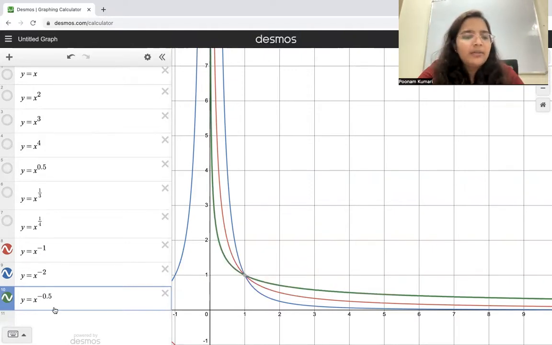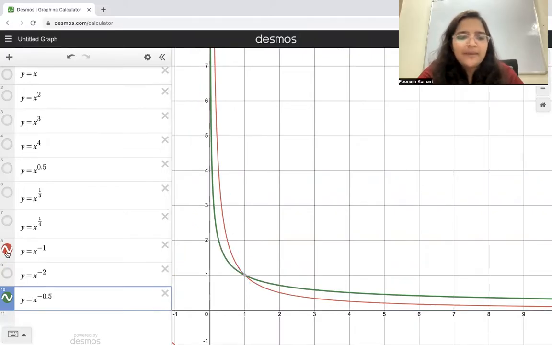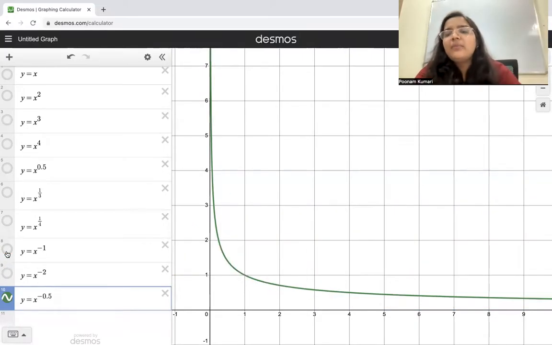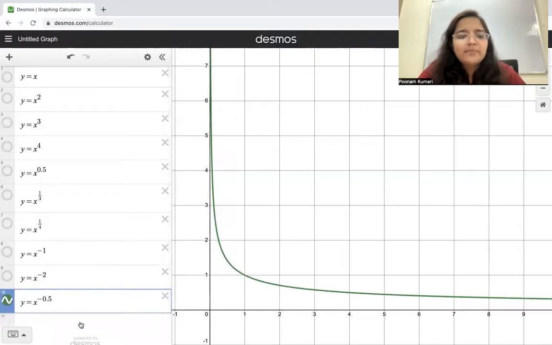So चाहे आपकी power negative 0.5 हो, चाहे x power -1 हो, -2, any negative power will result in a downward sloping graph for your power function. ठीक है? So these two things you can keep in mind whenever you're visualizing any problem like that. So this could be very, very helpful there in terms of visualizing.